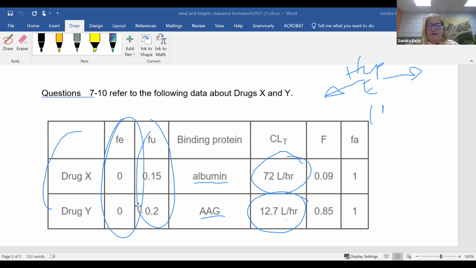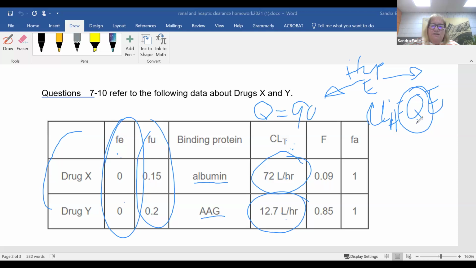Considering that your total body clearance is going to be hepatic because it's all cleared by the liver, your hepatic clearance is going to be equal to Q times E. And if we assume a normal Q, which is given to you in your equation sheet, of 90 liters per hour, we can determine the E for both of these drugs.